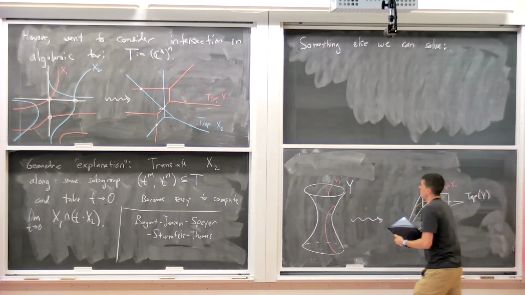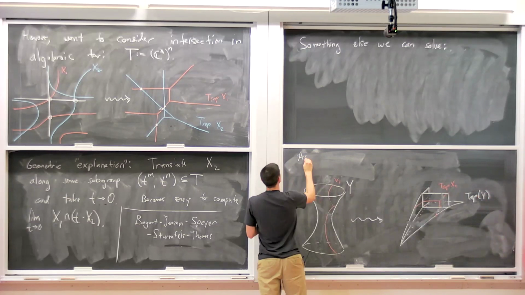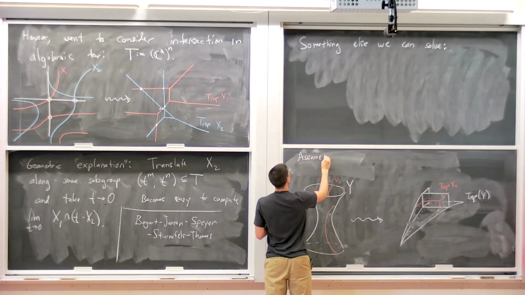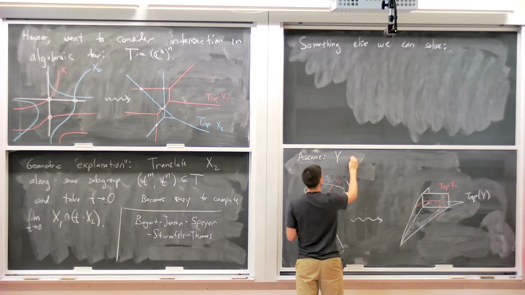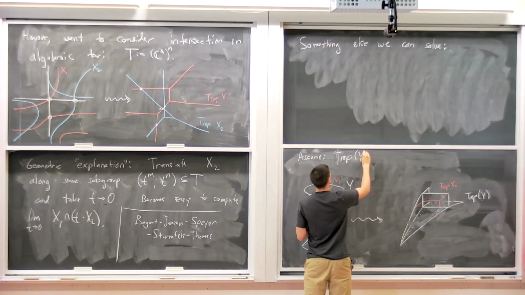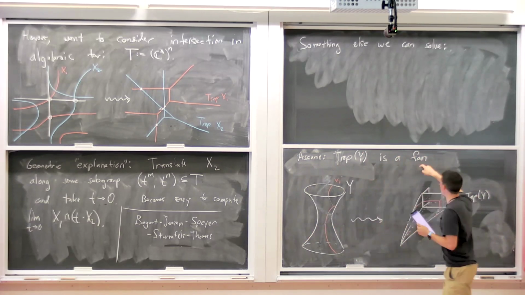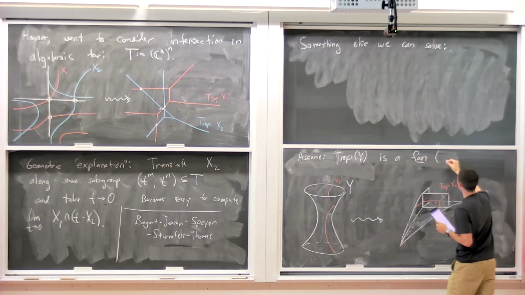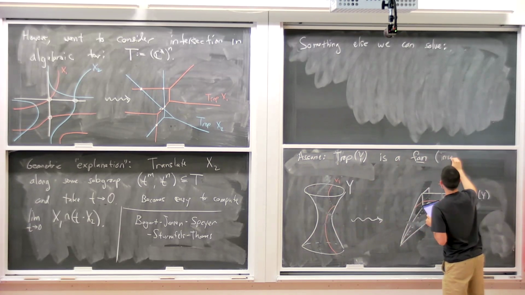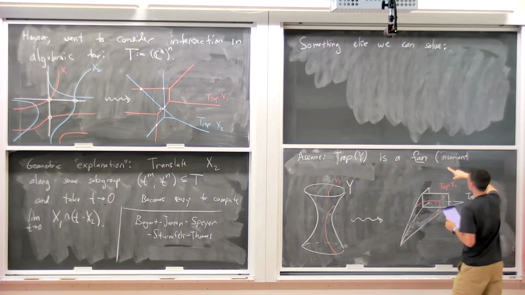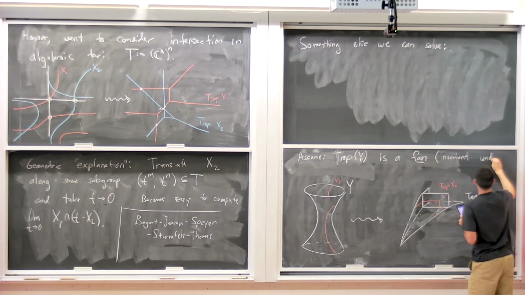Okay. I want to work in a special case where trop Y is a fan. Okay, and fan just means that it's invariant under multiplication by positive real numbers.